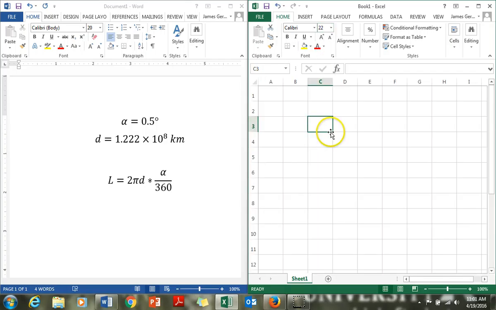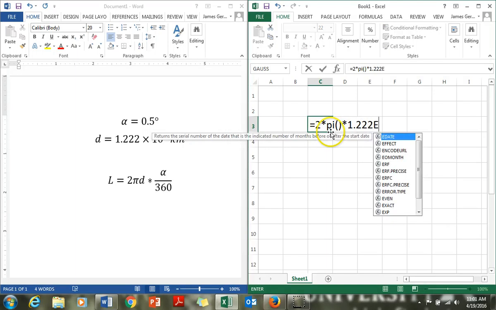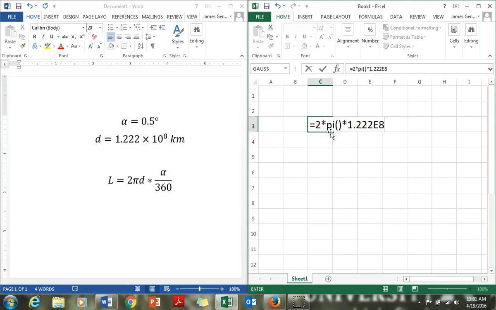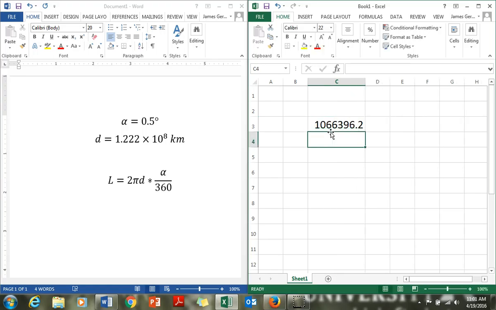Okay, so 2 times pi times 1.222, and in Excel it's times 10 to the 8th, times 0.5 divided by 360, and what we get is L equals 1.06 times 10 to the 6th.